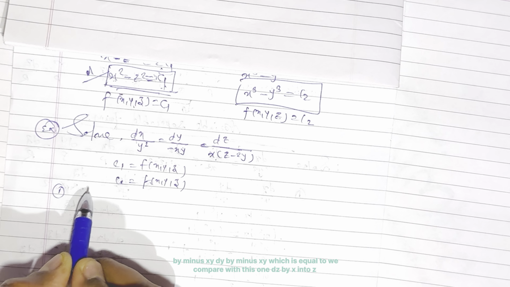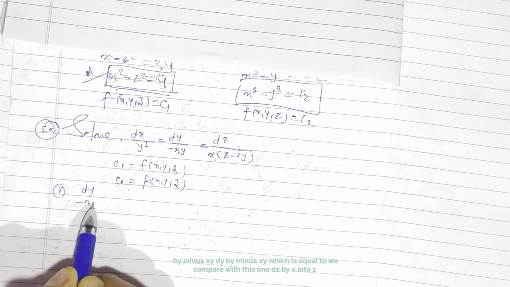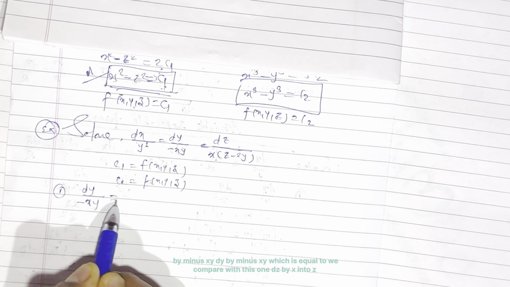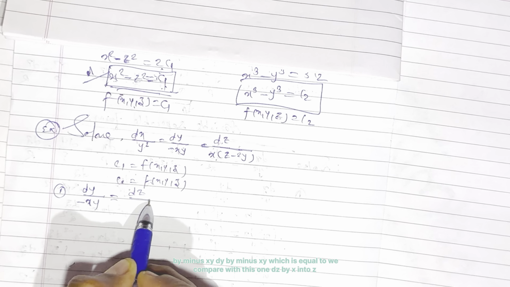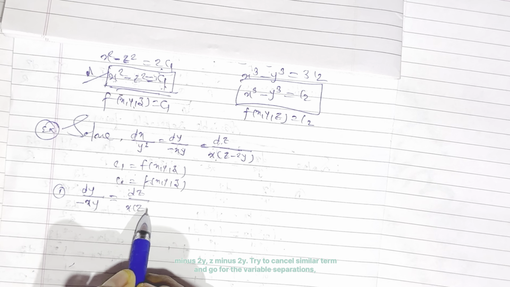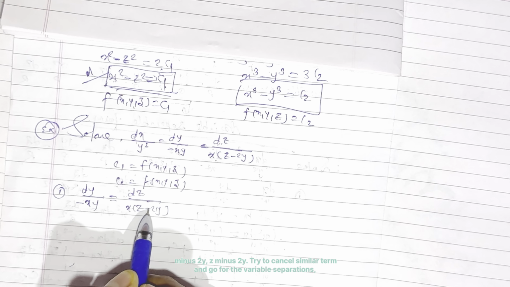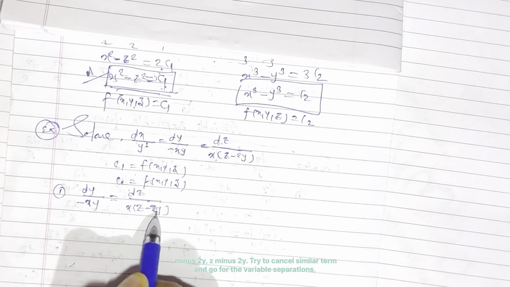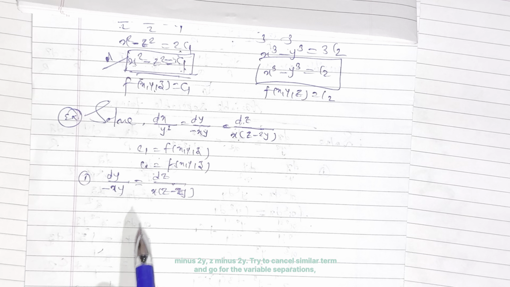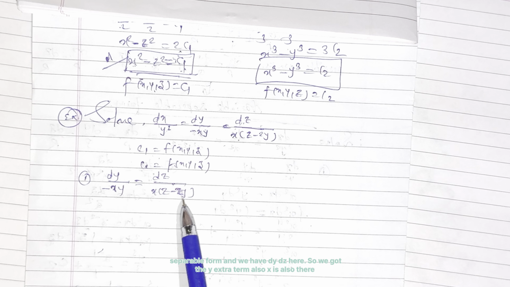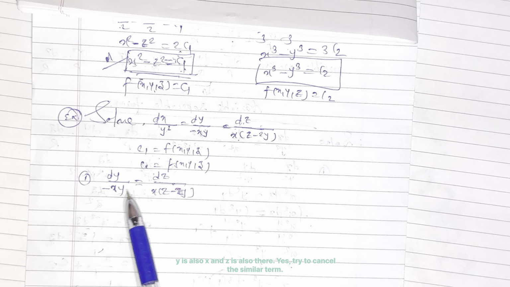So the ratio I'm going to consider here is dy by minus xy, which is equal to dz by x into z minus 2y. Try to cancel similar terms and go for the variable separable form. As we have dy, dz here, we have x, y and z.